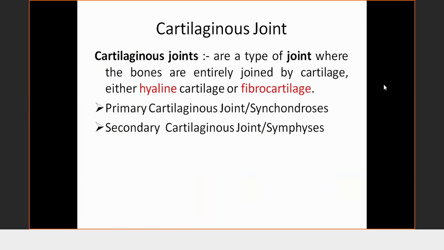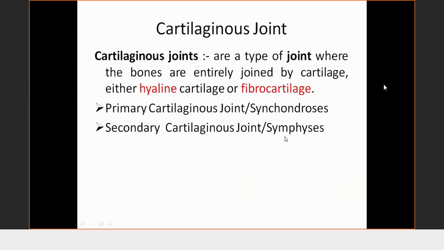If there is hyaline cartilage, the joint will be called the primary cartilaginous joint or synchondrosis. When there is fibrocartilage, then the joint is known as the secondary cartilaginous joint or symphysis.